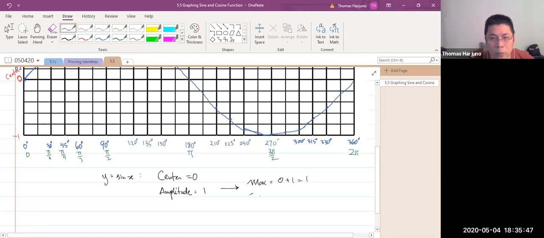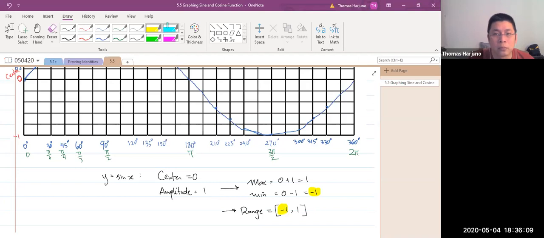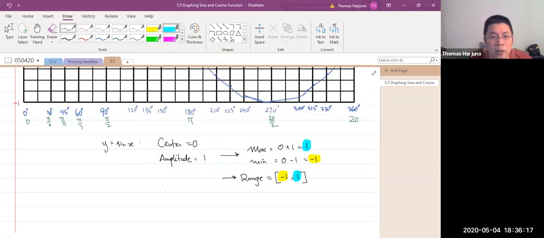The minimum will be the center minus the amplitude. So from the center with the amplitude, we get the range of the sine function. The range will be from -1 to 1. The period is 2 pi, which means the graph will repeat itself every 2 pi.